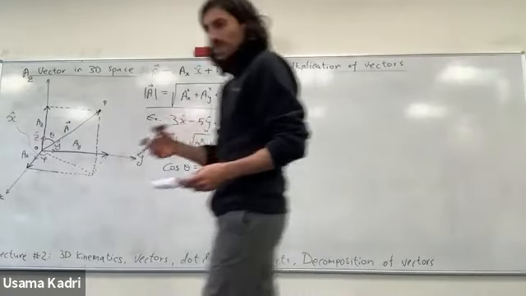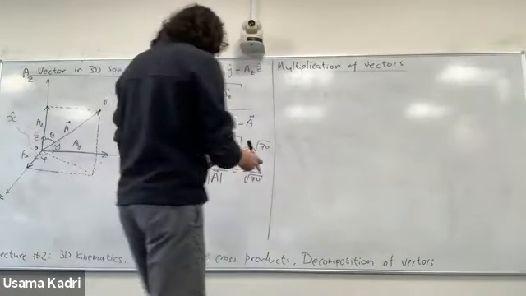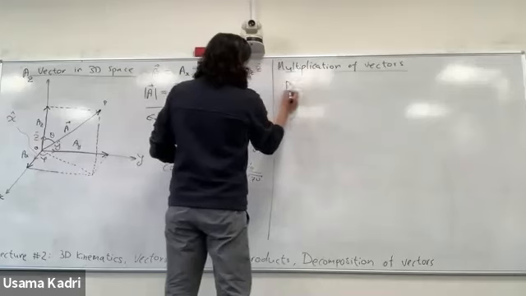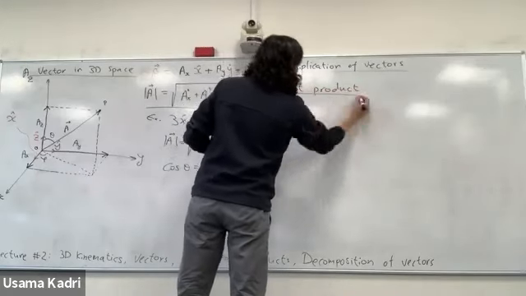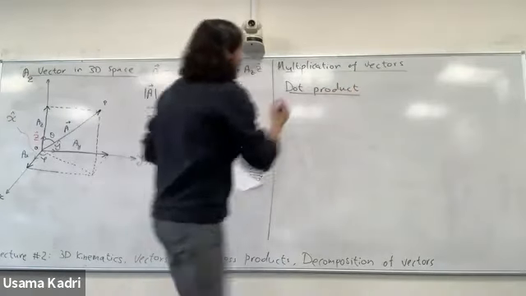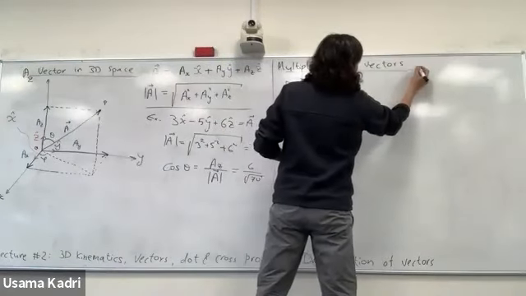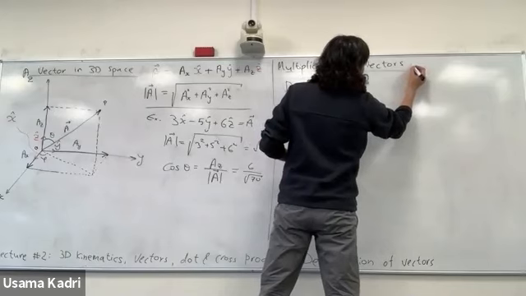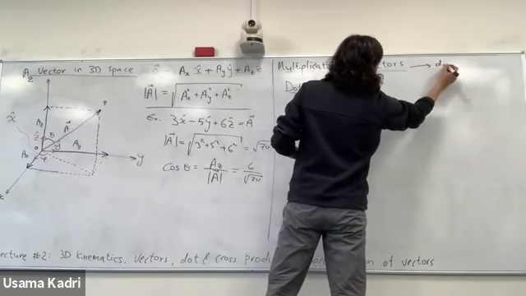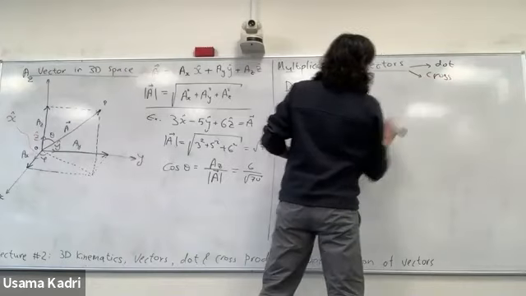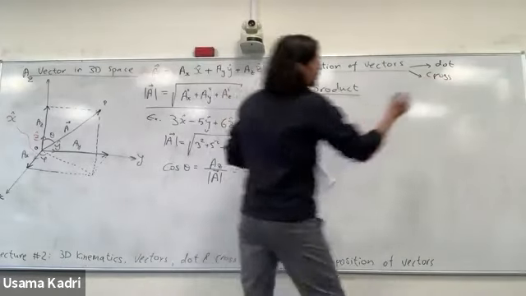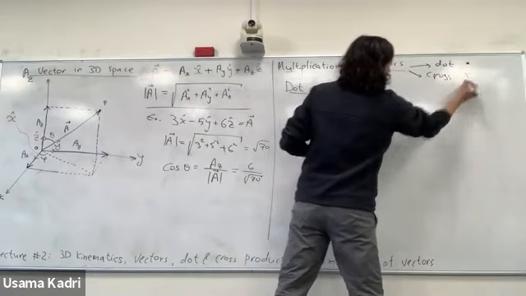We're going to start with the easier one, which is the dot product. So you can write, for completion, either dot product or cross product, or you can just put a dot for the dot and a cross for the cross.